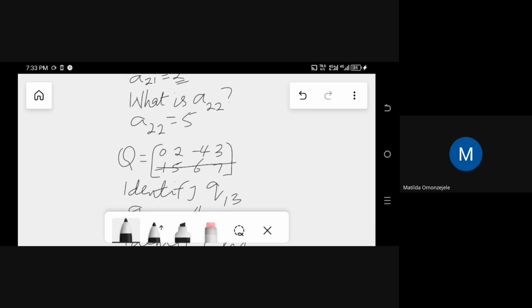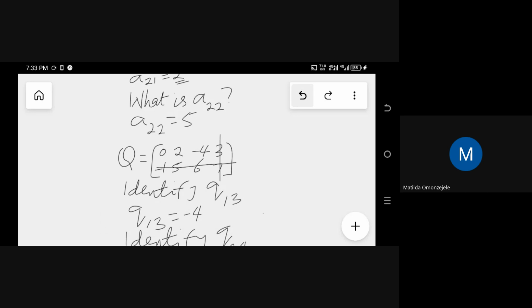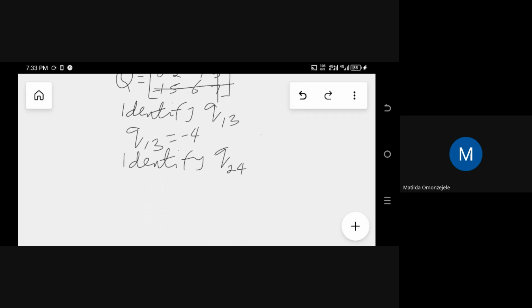This is the second row, row 2, column 4: 1, 2, 3, 4. That point of intersection where the row and the column met is called the element at Q24, which is the element at row 2, column 4. And then we have 7 here as the result.